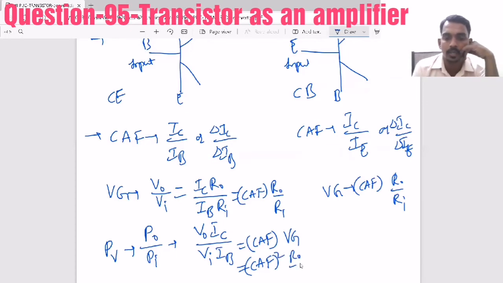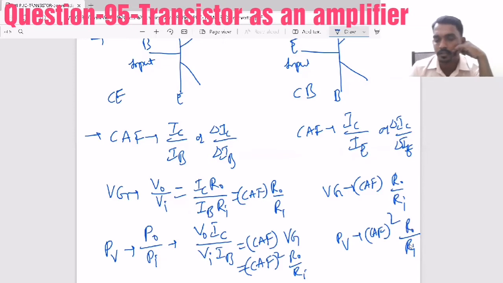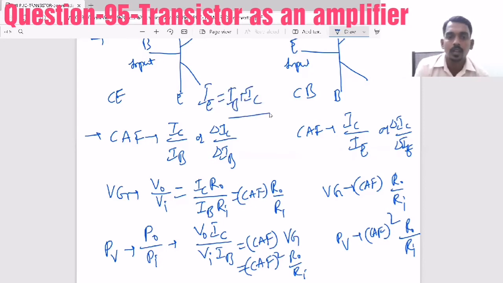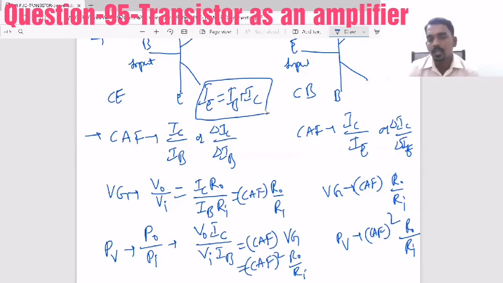So it will become current amplification factor squared into R0 by Ri. Similarly here, power gain will become current amplification factor whole square into R0 by Ri. Based on these formulas, questions will come. And one more thing: in any mode, IE equals IB plus IC. So these are the equations related to amplification or amplifier.